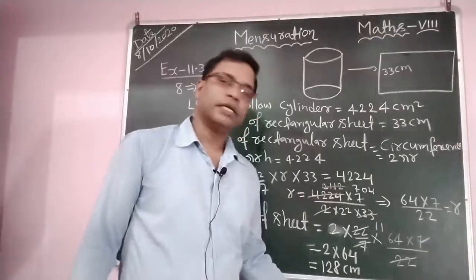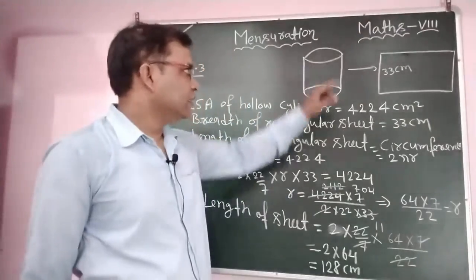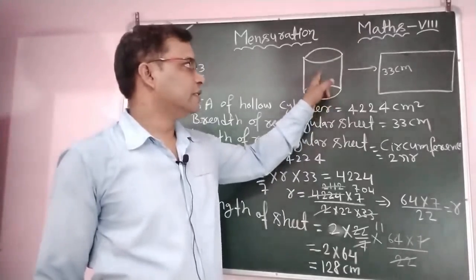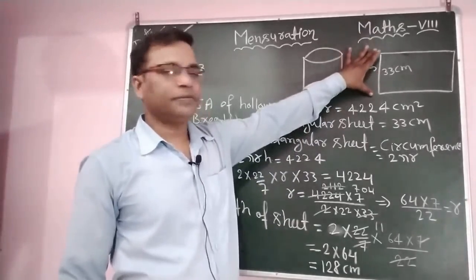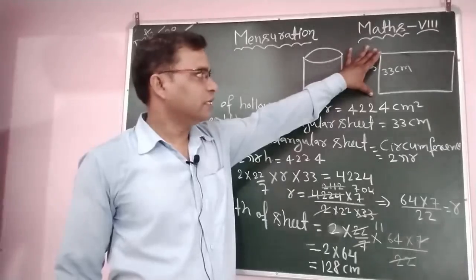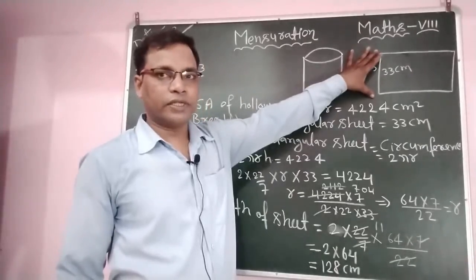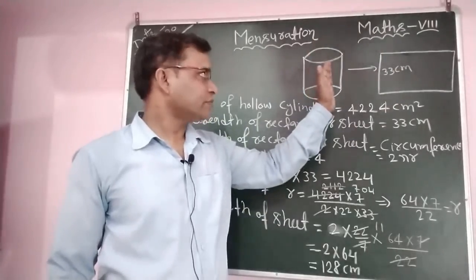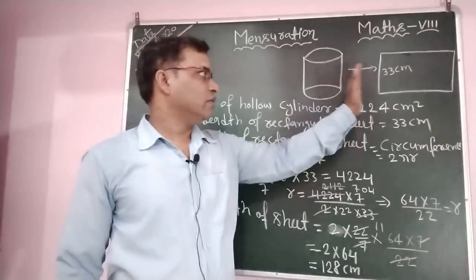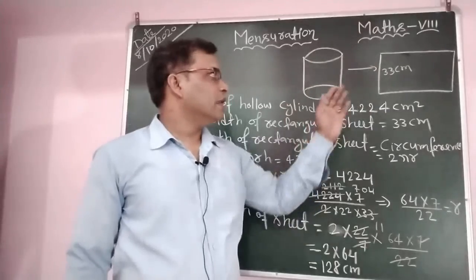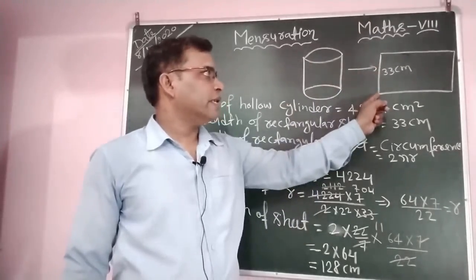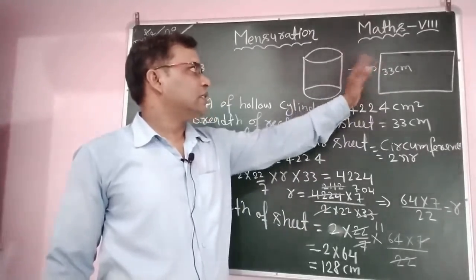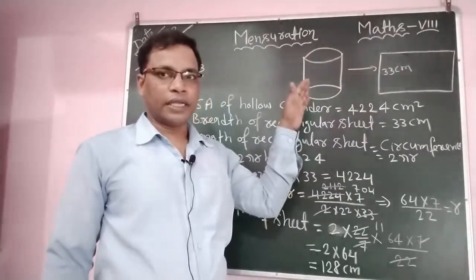So here you find the length of the rectangular sheet is 128 centimeter. How do you find the length? If you cut the hollow cylinder horizontally along its height, then you form a rectangular sheet, and its width is 33 centimeter, because this is its height, because we cut it along its height.